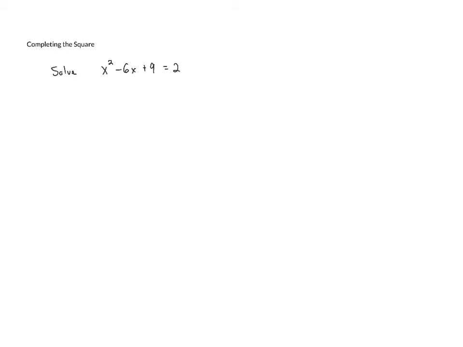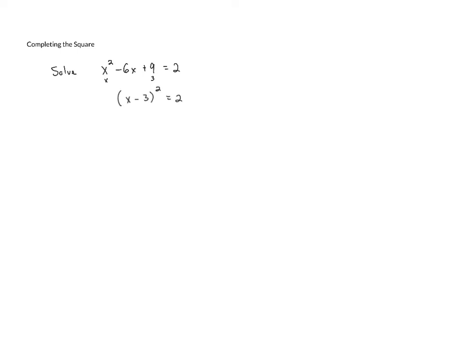If we factor this, it is a special form. Note that x squared is x squared. 9 is 3 squared. If we take the product, x times 3 gives us 3x, and if you double it, you get 6x. So this actually can be factored as x minus 3 squared.